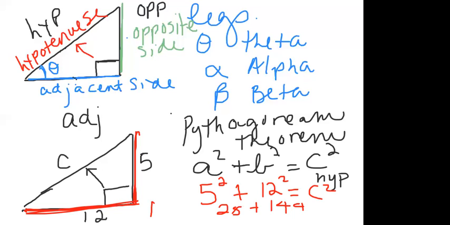So if 169 equals C squared, to calculate the value of C, you take the square root of 169. And so this equals 13. So guys, that is some basic facts about the right triangle. Given 2 sides of a right triangle, to find the third one, you use the Pythagorean theorem to calculate the missing side.